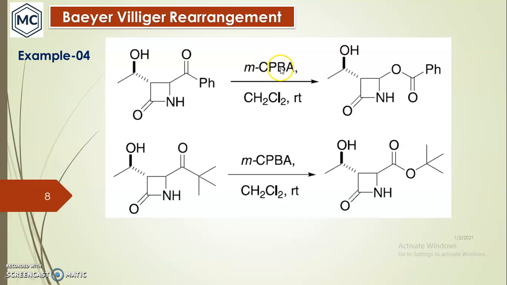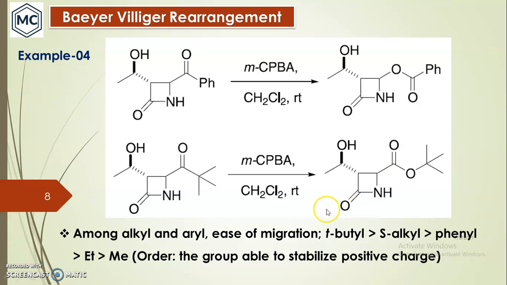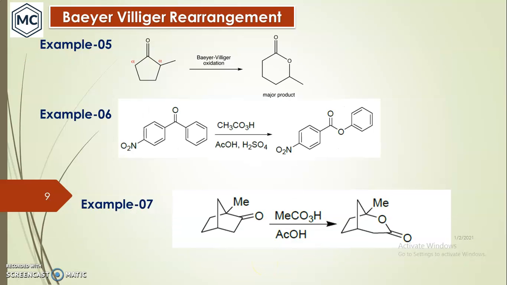In the presence of MCPBA, the left group, having more electron donating capacity than phenyl, gets migrated and oxygen gets inserted here. But if you have a tertiary butyl here, the tertiary butyl is migrated and oxygen gets inserted here. So in the same way, tertiary butyl has more migratory aptitude. It is understood from this example also.